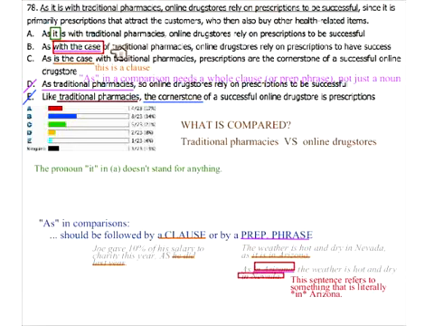Nothing is with the case of traditional pharmacies. This is spoken English sneaking into the guise of written English, because people talk like that all the time. Like as with this. But with doesn't make sense here. You're not talking about anything that is with this case.